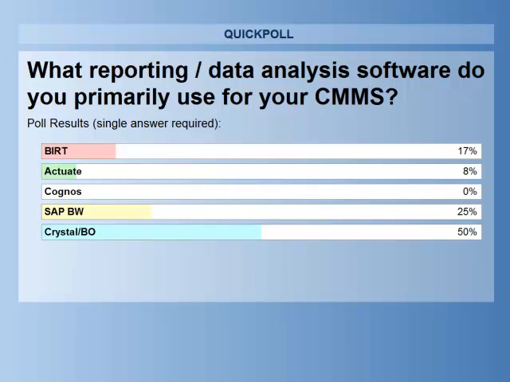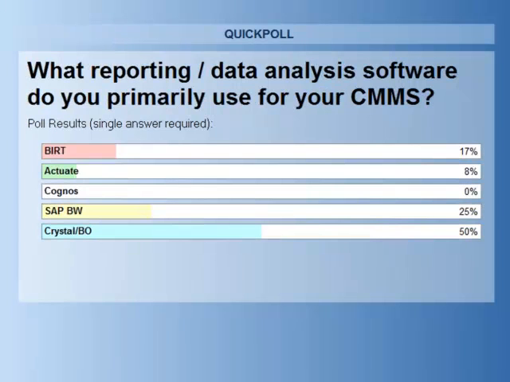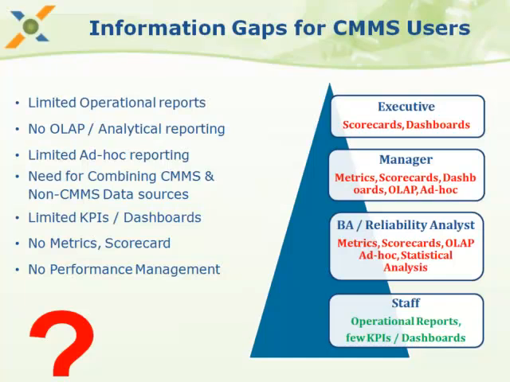Okay. All right. Some of the tools in this poll question, I think, are designed to do mostly operational reports, like Crystal or Actuate or Birt. And of course, we can develop KPIs in those software also, but primarily they are really catering to operational reporting.